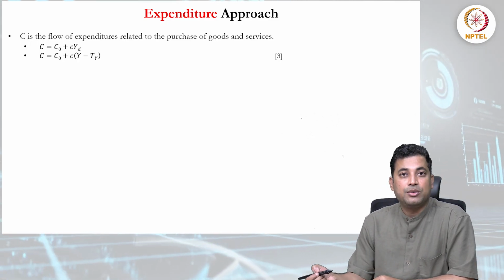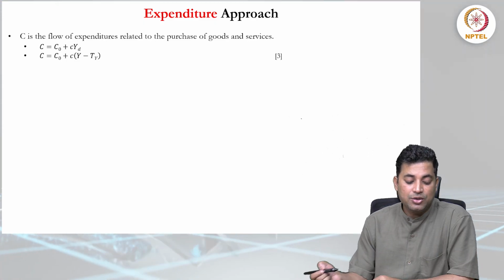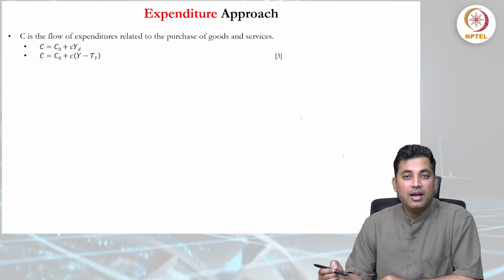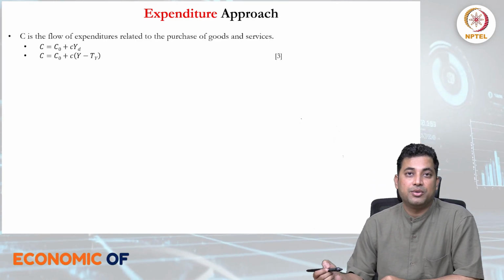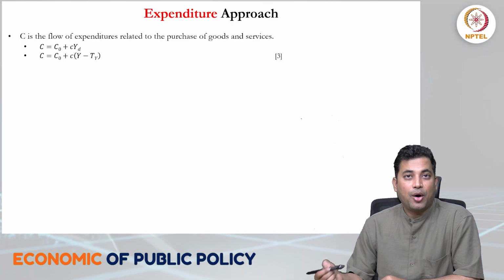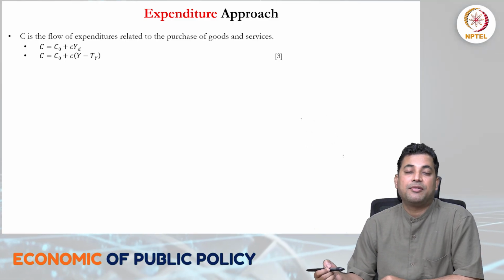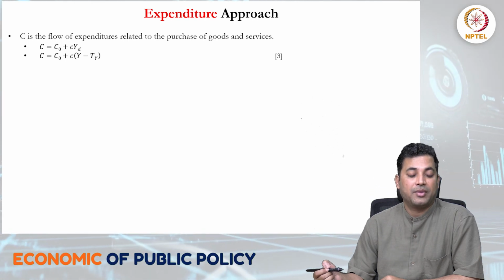C equals C naught plus small c times YD. What is C naught? C naught is autonomous consumption, and small c is the marginal propensity to consume, and then broadly capital C, the total consumption expenditure, is a function of total disposable income, right?